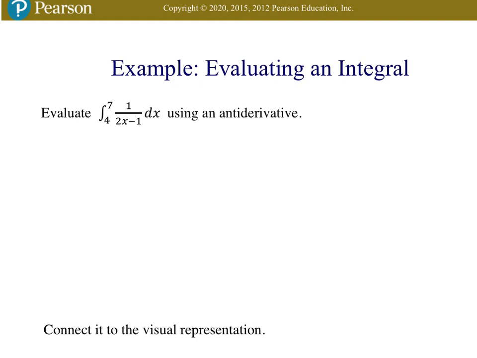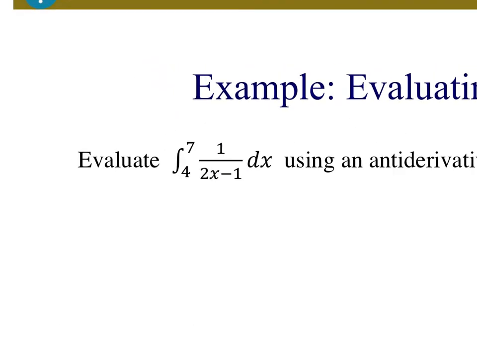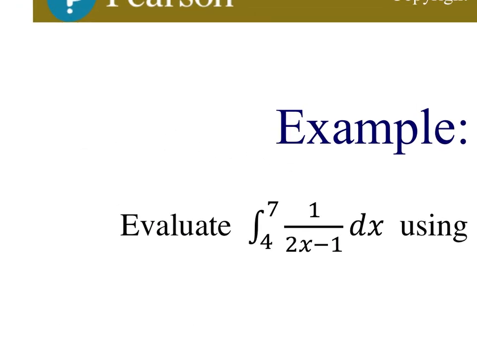Okay, let's talk about doing this one with an antiderivative. I like to do my little work up here. So I can write this as 2x minus 1 to the negative 1. If I want to go down for that, I would have 2x minus 1 to the negative 2.